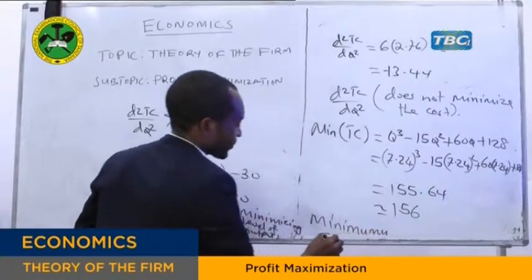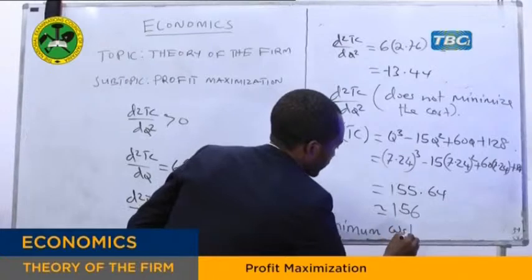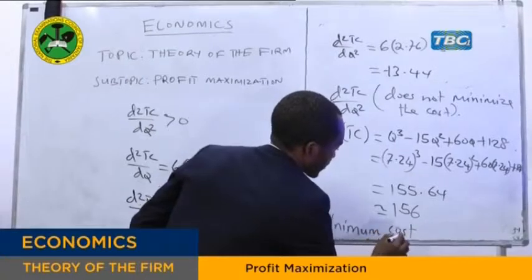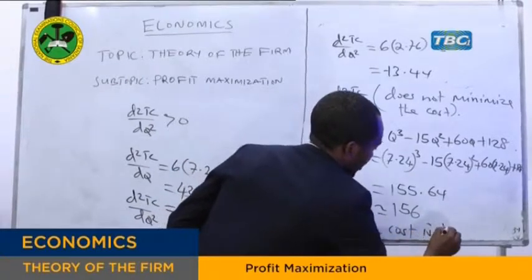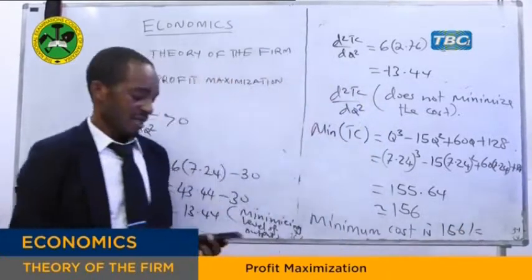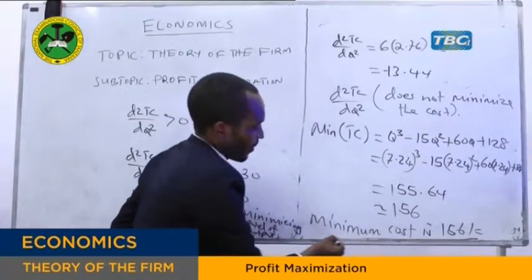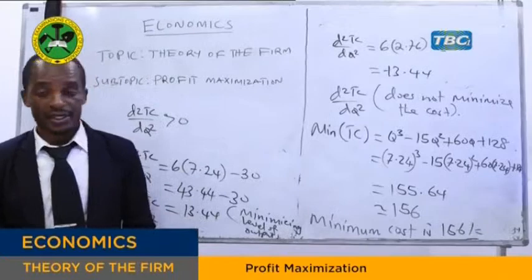The minimum cost is 156 shillings. So this will be our solution.